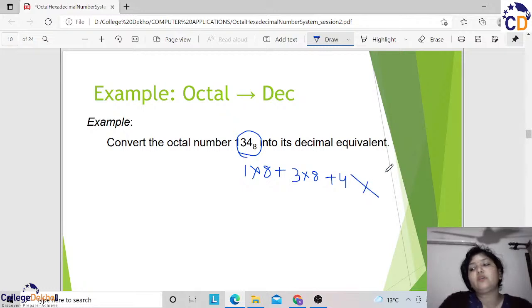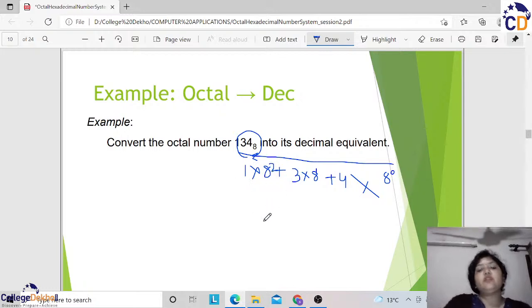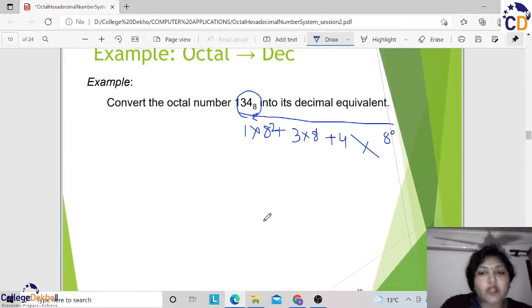Here we have to move from right to left. What is the position of this? What is the weighting factor? That is 0. Then we have 8 to the power 1, then 8 to the power 2, and then it will give us the decimal equivalent number.